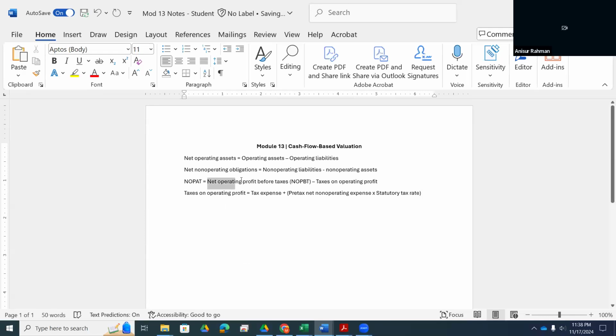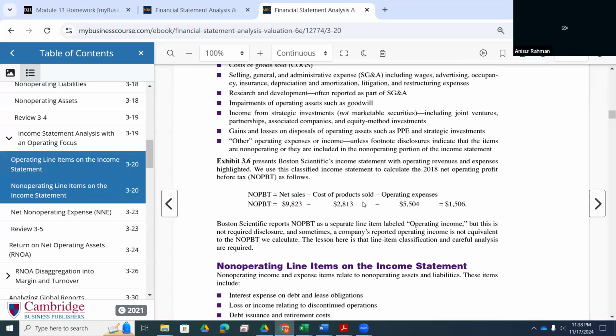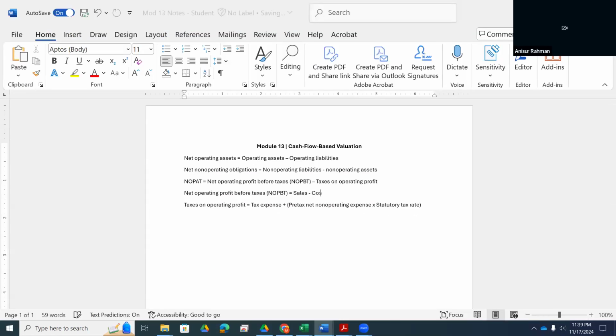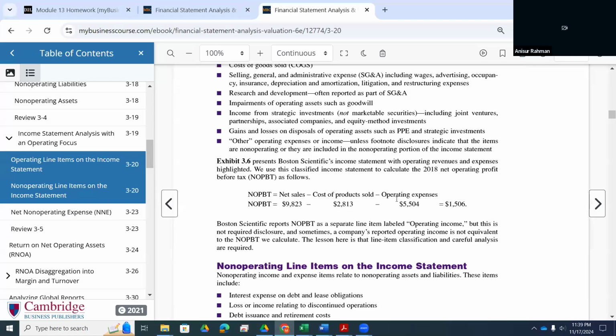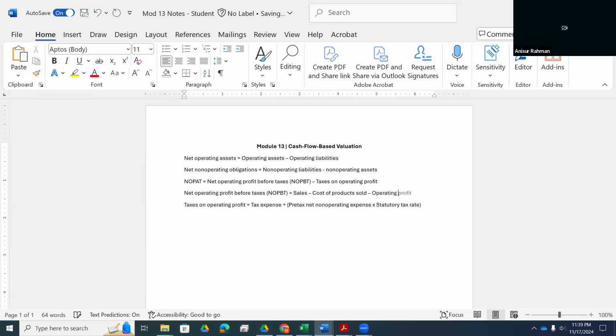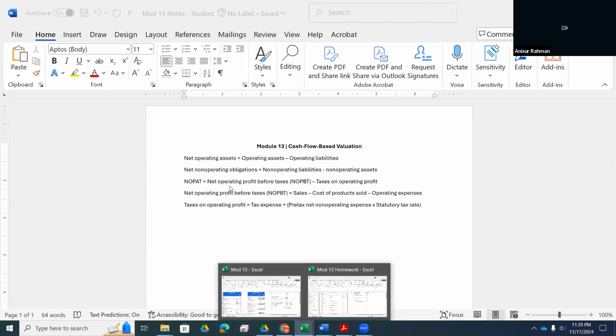And we can calculate net operating profit before taxes as our net sales minus cost of products sold minus operating expenses. So first we need to find out net operating profit before taxes.